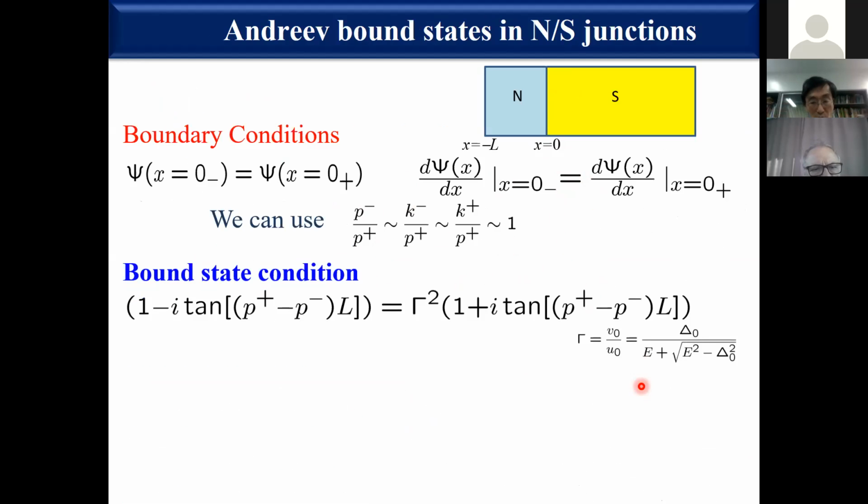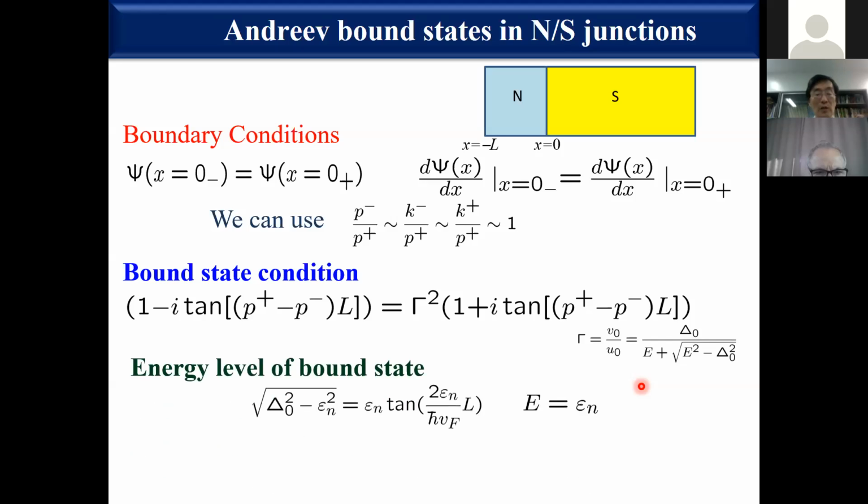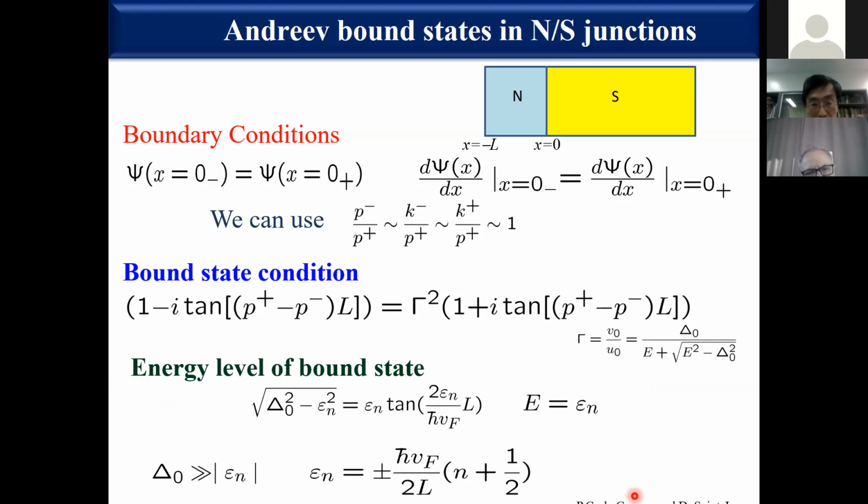So finally, we get a very compact relation, the so-called bound state condition. And after some simple manipulation, the energy level of the bound state, E equals epsilon n, should satisfy this relation. It's a nonlinear equation, a little bit complicated. But if we assume that epsilon n is much, much smaller than delta 0, the energy level is nicely written like that. So this is the story of how to understand the Andreev bound state.